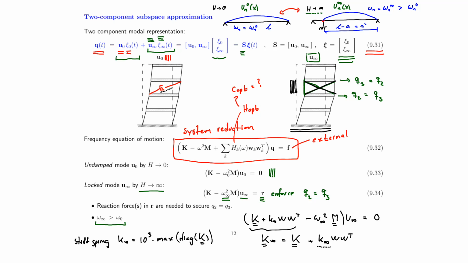So it's much easier numerically to solve this. For instance, in MATLAB, you will simply just implement K infinity, M, push the button, and you will get both the mode shapes and the natural frequencies. And this implementation is actually also suggested in the report number 2.